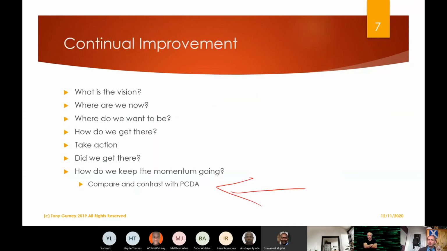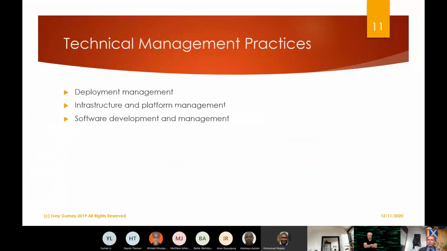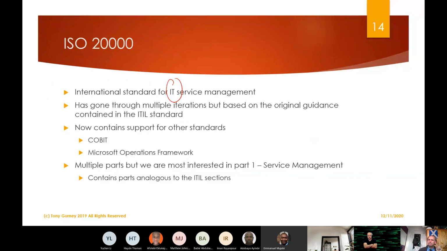And now you're telling me we've got the Microsoft operations framework incorporated in there, which is true, which is why I suggest you go and have a look at it. Because even though Microsoft have created it, it is actually still platform agnostic. Now, you won't be surprised to know that Microsoft would prefer if you bought all your stuff from them. And of course, all of their things will fit into this framework, but it doesn't mean the framework in and of itself isn't useful.